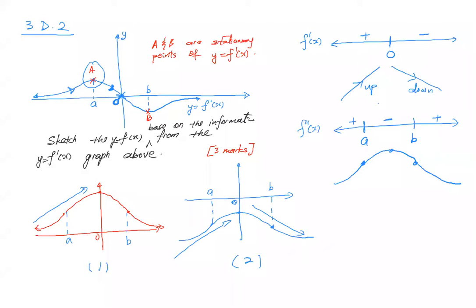So with the help of the f prime x and f double prime x sign diagrams, you automatically can sketch. After you got the shape already, then only you put it into the graph. Are you okay?